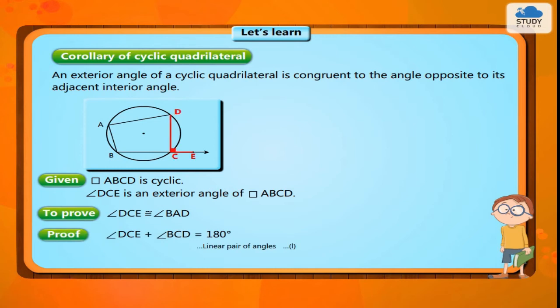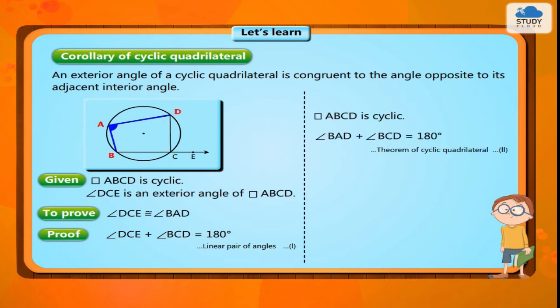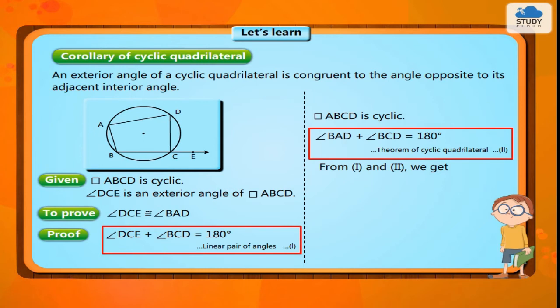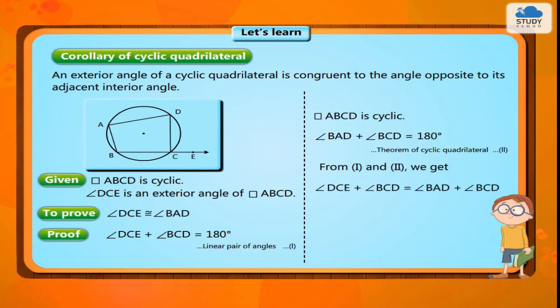Angle DCE plus angle BCD is equal to 180 degrees. Equation 1. Quadrilateral ABCD is cyclic. Therefore, angle BAD plus angle BCD is equal to 180 degrees. Equation 2. From equations 1 and 2 we get angle DCE plus angle BCD is equal to angle BAD plus angle BCD. Therefore, angle DCE is equal to angle BAD. Therefore, angle DCE is congruent to angle BAD.